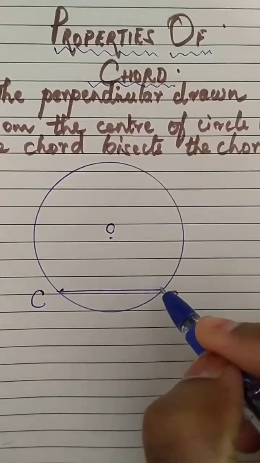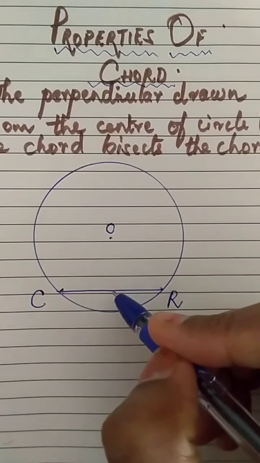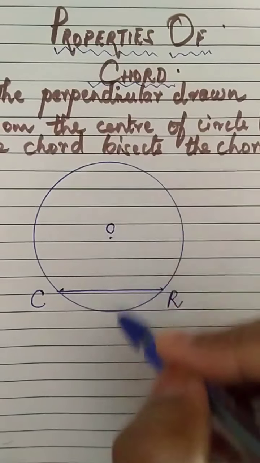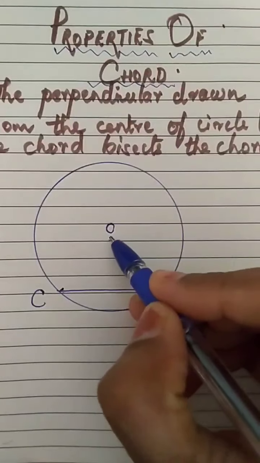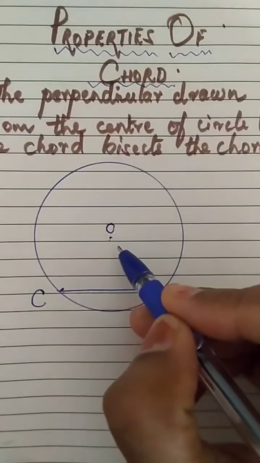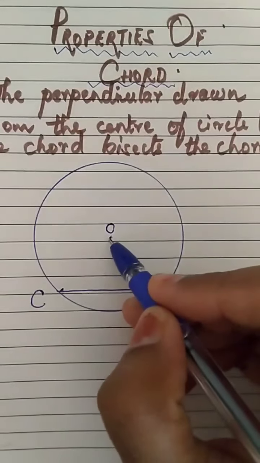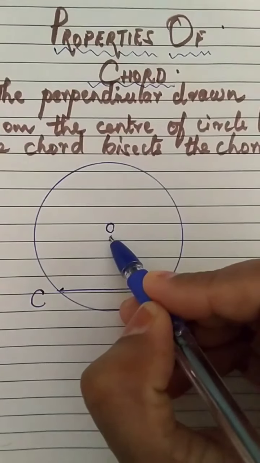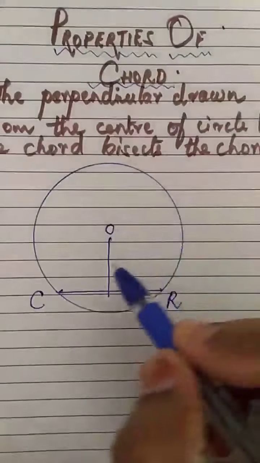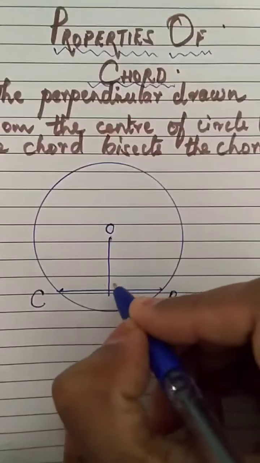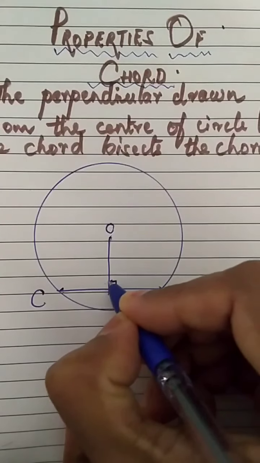This chord के ऊपर there is a perpendicular coming from the center. Perpendicular means 90 degree. As you can see, I have drawn a perpendicular, and I showed the 90 degree sign also.